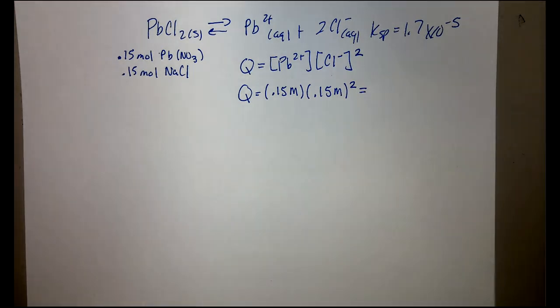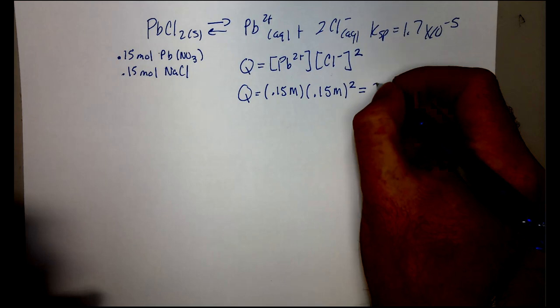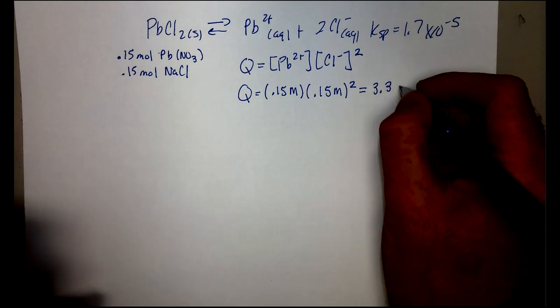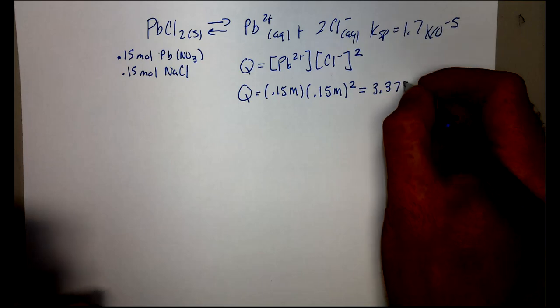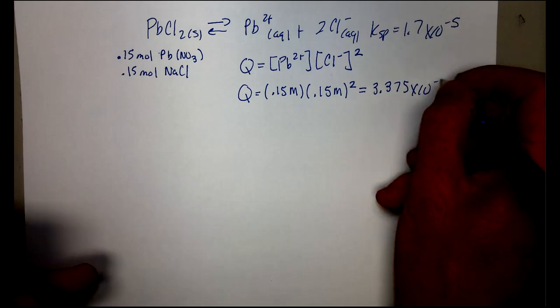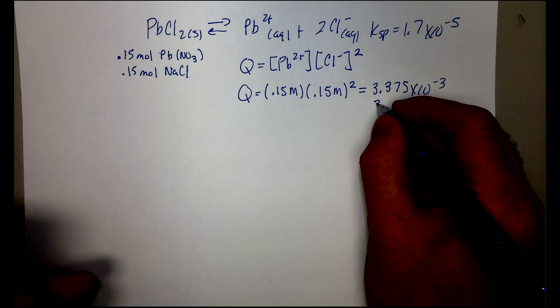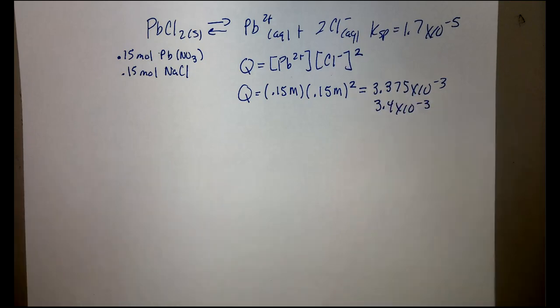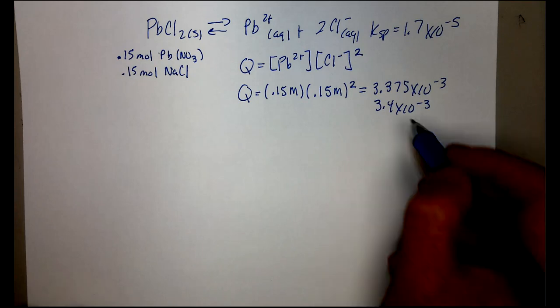That's essentially going to be 0.15 cubed. And so we get 3.375 times 10 to the negative third, which we'll round to 3.4 times 10 to the negative third for sig fig purposes. Now, is that going to be bigger or smaller?